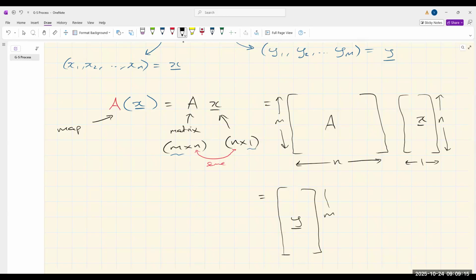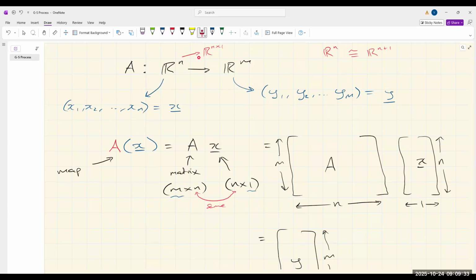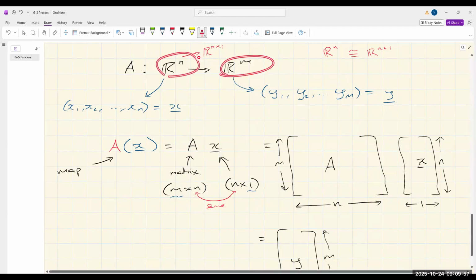So this is m rows and 1 column. Okay, so what I was trying to explain here is that if you take a vector in R^n and you multiply it on the left by an m by n matrix, the output is a vector in R^m. So this map, left multiplication by a matrix of a suitable size, is a mapping between R^n and R^m.